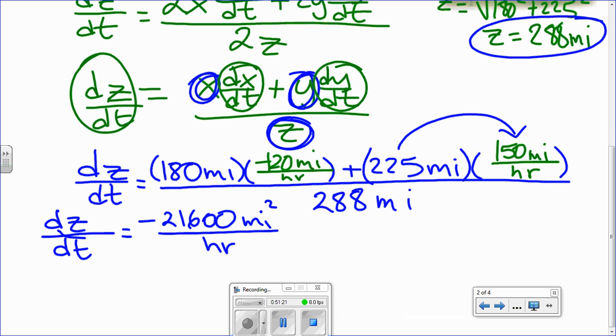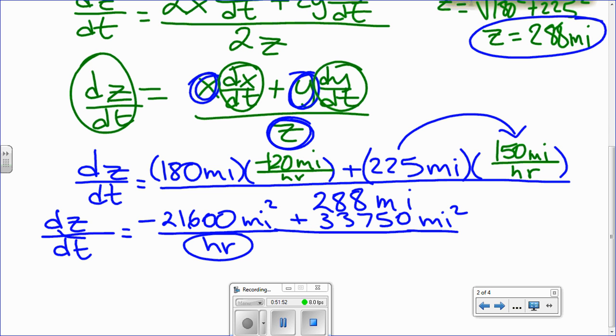Let's just extend the fraction, so that will be plus, because they will have the same denominator, 33,750. We already have hours here, sorry. So we'll just have miles squared here, and we're dividing by hours. And so all of that is going to be divided.